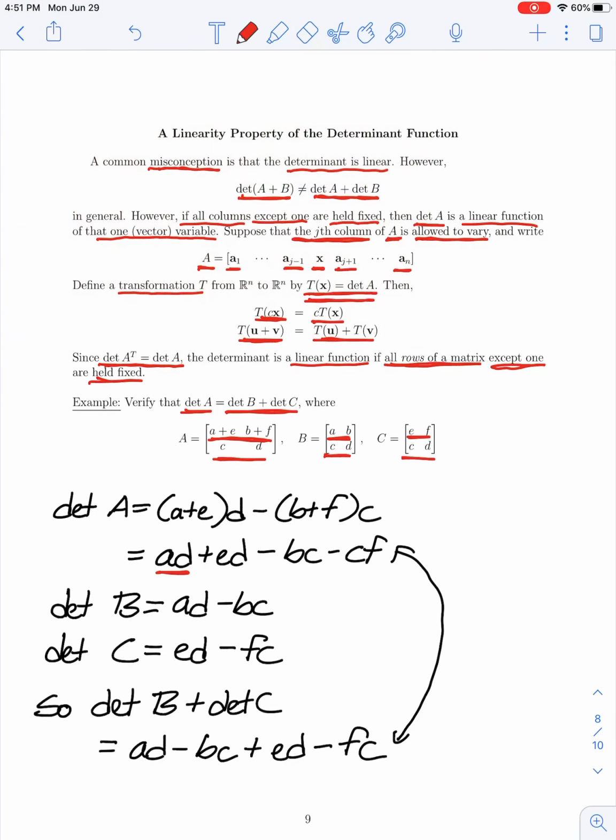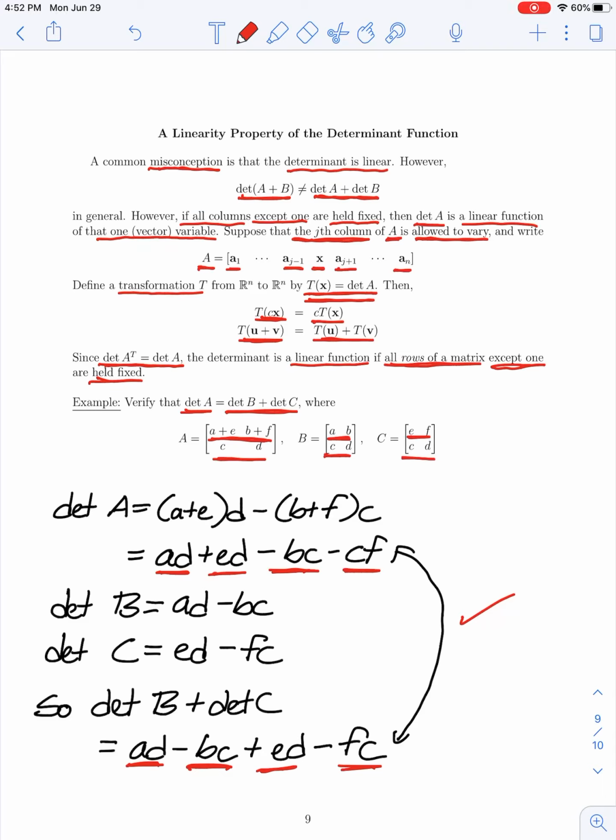Comparing their terms individually, we have our AD minus B times C plus E times D, and then minus C times F, or F times C, it doesn't matter. So here we have the same value for the determinant of A, and the sum of the determinants of B and C, where the second row of these matrices is identical. So linearity holds for the determinant only if a single row or a single column is being manipulated.